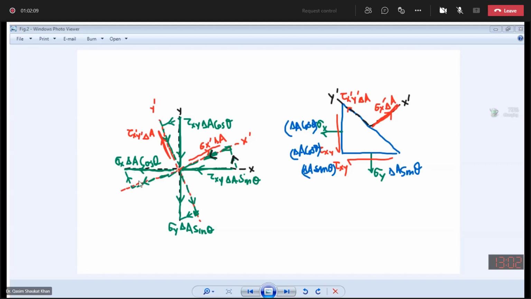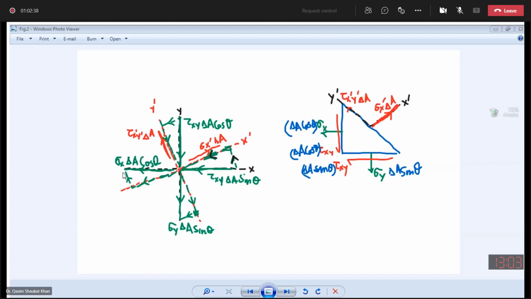So this component will be sigma x delta a cos theta into cos theta, because this is your base, and this is your perpendicular, so this will be sigma x delta a cos theta into sin theta.